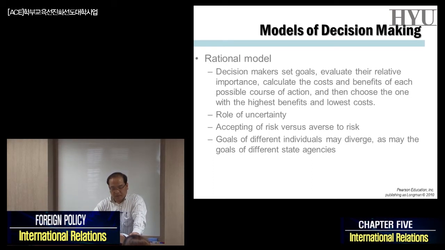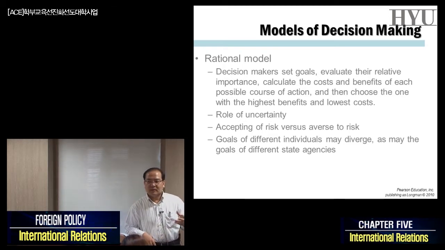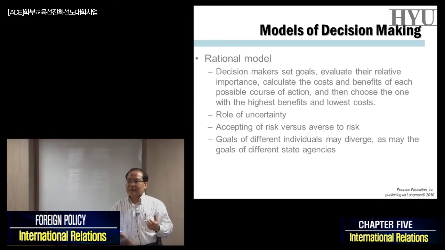Now, thirdly, another type of irrational external factor is something called misperception. The assumption here is that the information decision makers get cannot be fully provided.